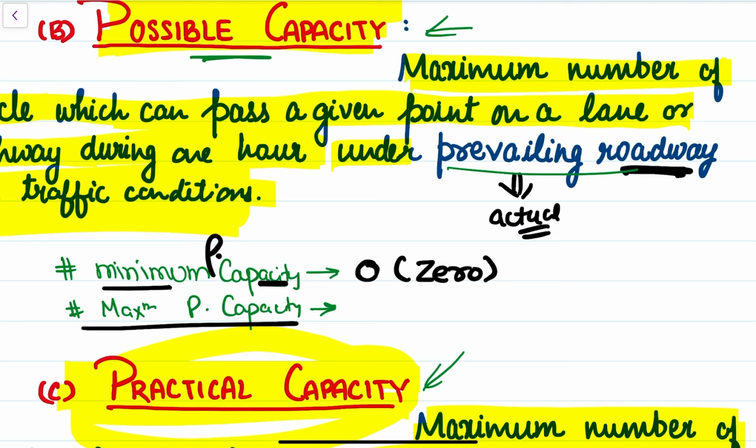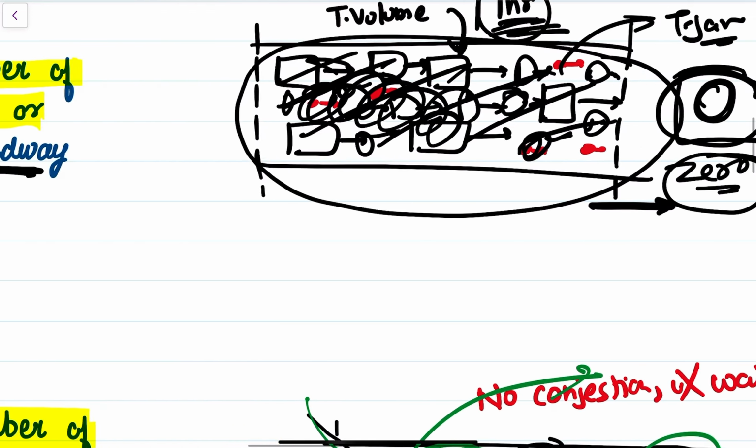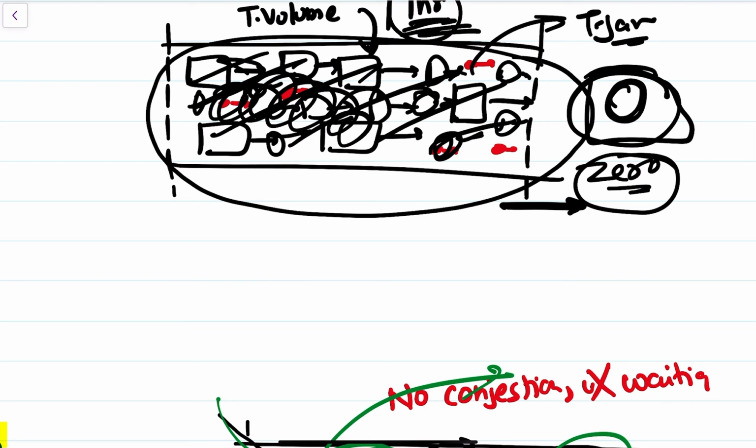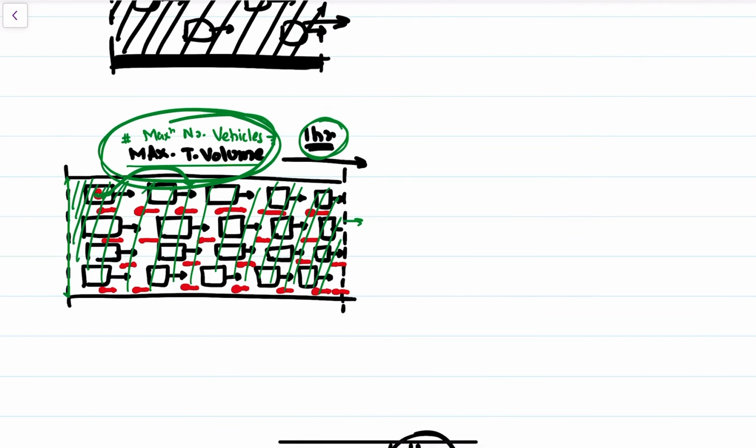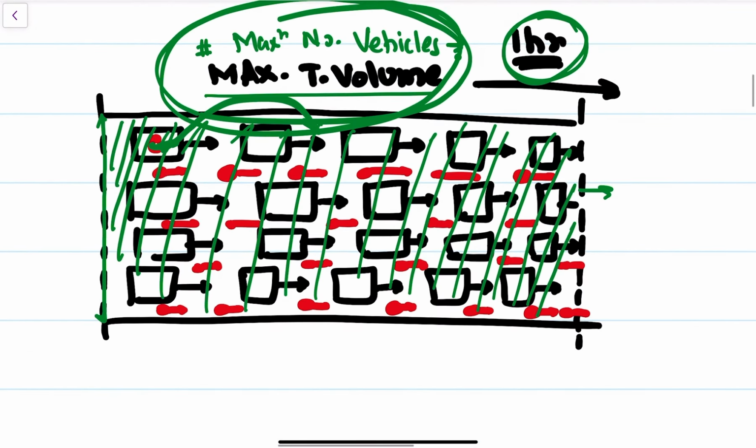Then we have maximum practical capacity. What will be the maximum practical capacity? It is when all the vehicles are following the ideal scenario, right? Everyone is moving in a very streamlined manner. Everyone is following the traffic rules and regulations, and all the restrictions that have been imposed are being followed. There is no overtaking, the visibility is clear. Everything is at the ideal scenario.